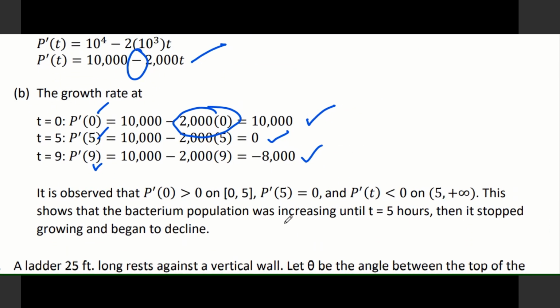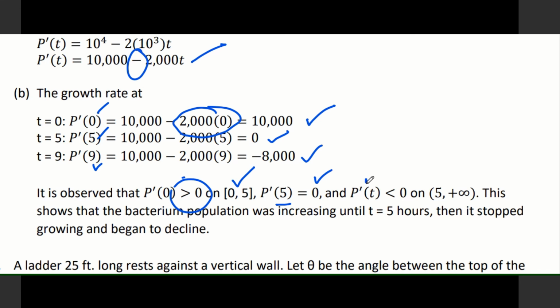As discussed earlier, when your derivative at any given input is greater than 0, that means from 0 to 5, there is an increase, because that is greater than 0. Now, when t equals 5, it suddenly stops. So nothing changed, no changes at all.